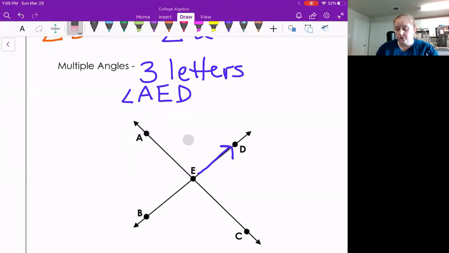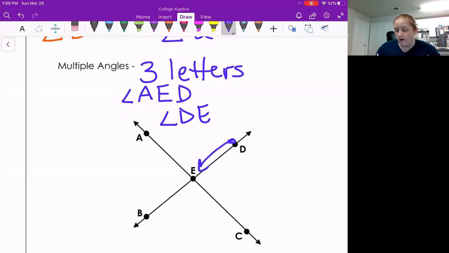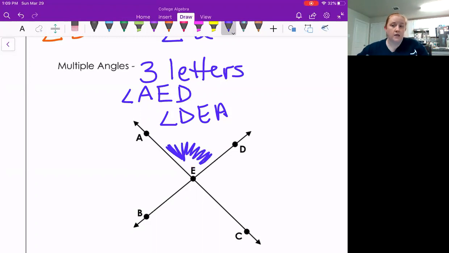Now, if we start at the other point at the arrow, then I start with angle D, follow it down to E, and then follow it back out to the other arrow for A. So there are two names for that exact same spot. Either of those names is correct because they still refer to that same space at the top that connects point A to D.